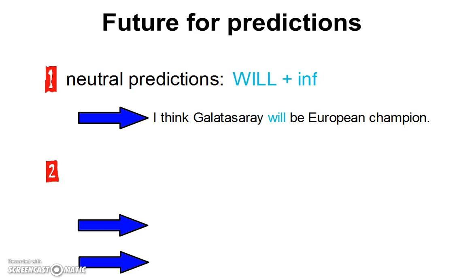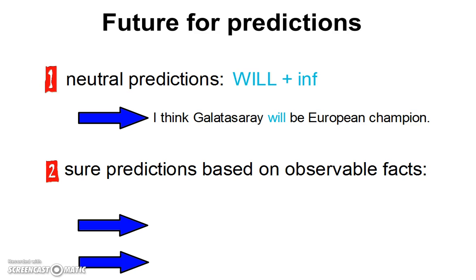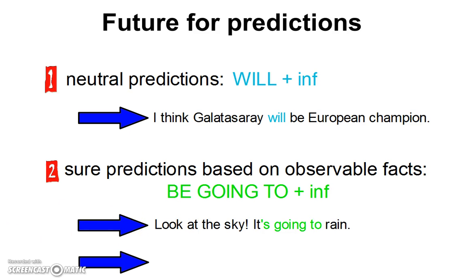Now there is a special case when you make a sure prediction, and the prediction is sure because it's based on observable facts, something that you can see or hear now. And in this case we use be going to plus the infinitive. So for example, look at the sky, it's going to rain.